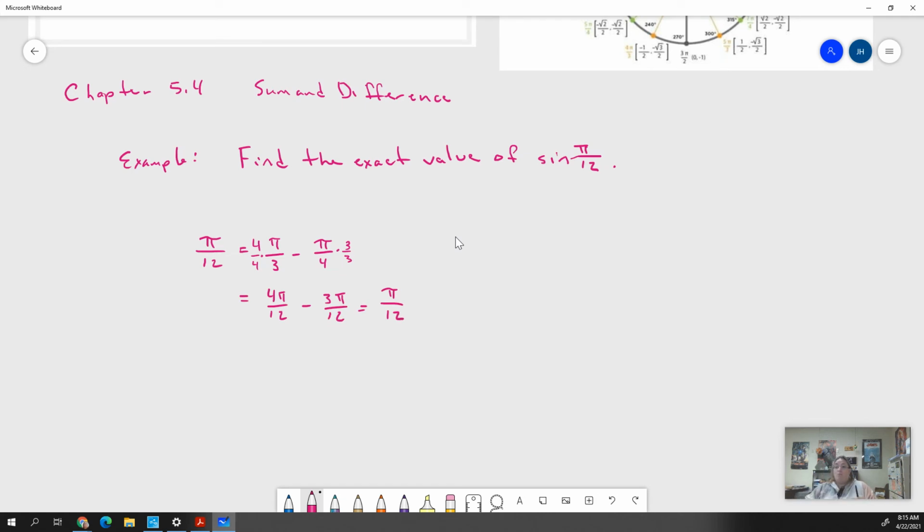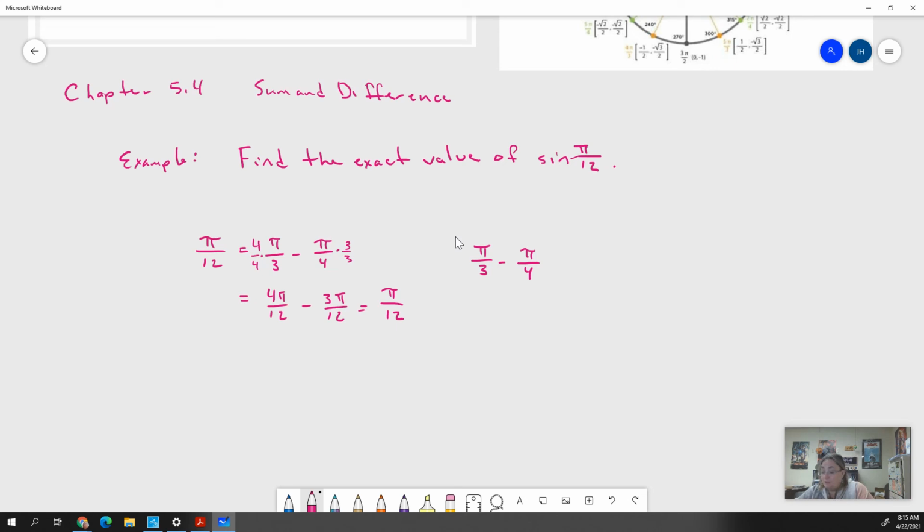And this is what I mean when I say you have to kind of think about these a little bit. Like, how can I break these down into recognizable pieces that I can just go to my unit circle and find these values, right? So once I know that I can use pi over 3 minus pi over 4 to be equal to pi over 12, then I can just start using these formulas. And the formulas aren't super complex.